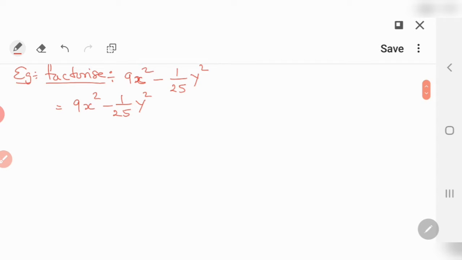Okay, then what you'll do, you can use the identity, by using identity 3, correct?